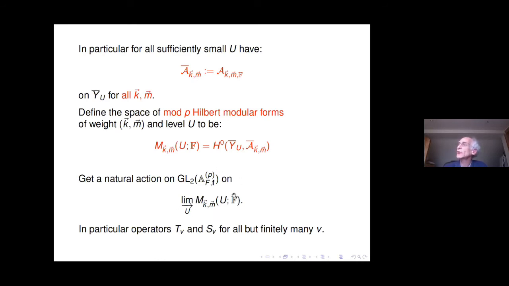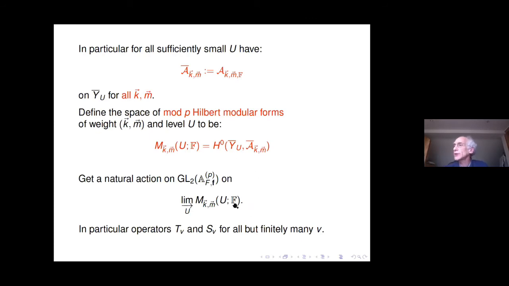So then we can take the direct limit over all open compacts of level prime to p and get a smooth admissible representation of GL2 of the finite adeles prime to p on this direct limit. And so we get Hecke operators on this finite dimensional space. So we can talk about Hilbert modular eigenforms in characteristic p.